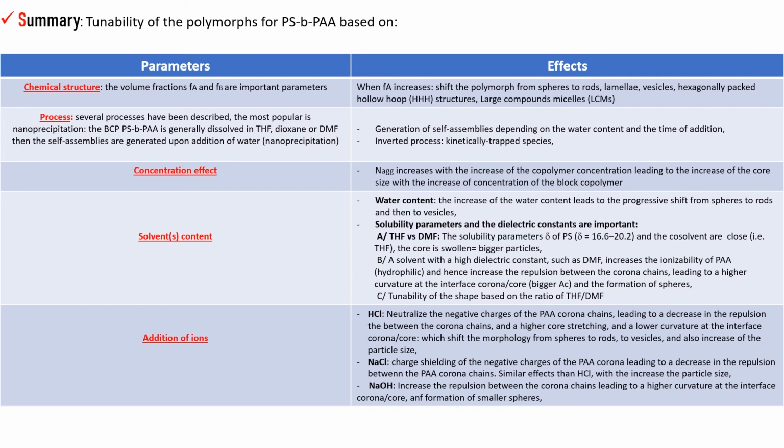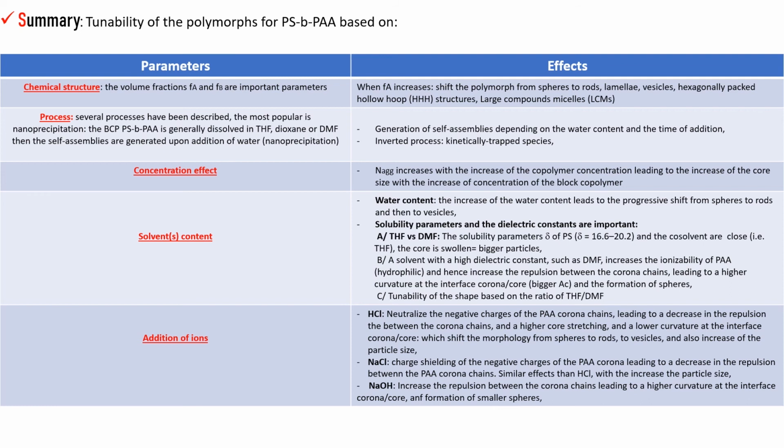But for a solvent with a higher dielectric constant, such as DMF, it increases the ionizability of the polyacrylic acid chains and increases repulsion between corona chains, leading to a higher curvature at the corona core interface. You will get a smaller Agg, and this increase of the curvature at the interface leads to the formation of spheres. It's possible to tune the shape by playing with the ratio THF-DMF.